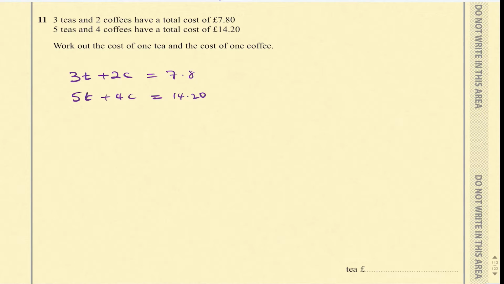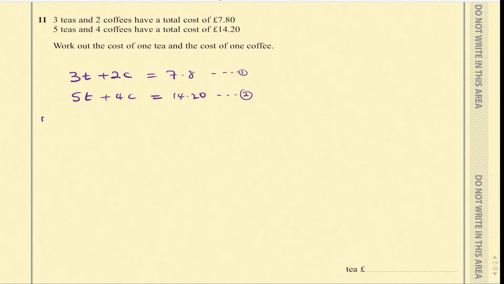I'm going to name this equation 1, and this equation 2, and I'm going to solve them simultaneously. In order to solve them simultaneously, I need to make one of the variables the same. Either make t the same or make c the same. So in order to make c the same, I need to multiply equation 1 by 2.